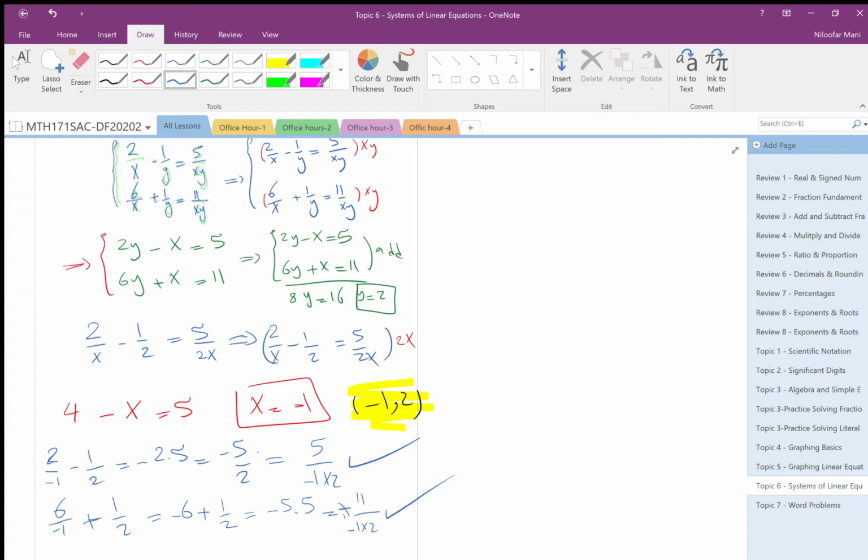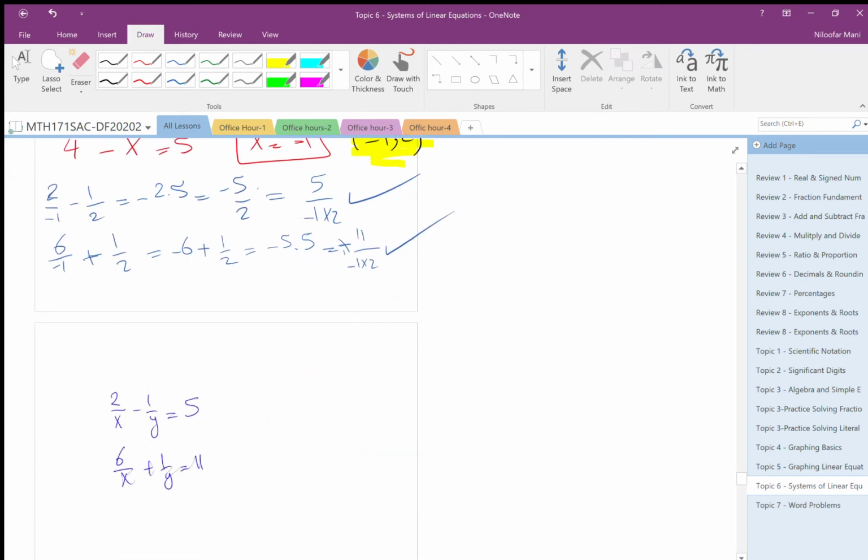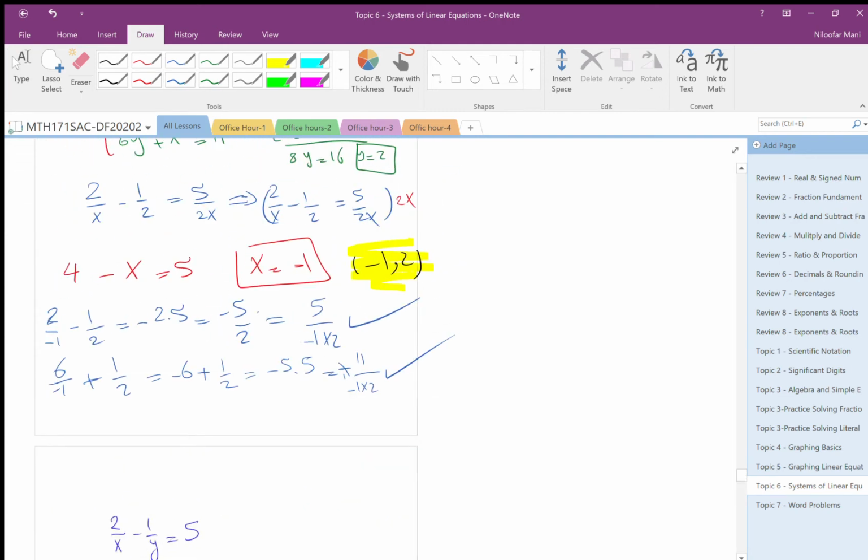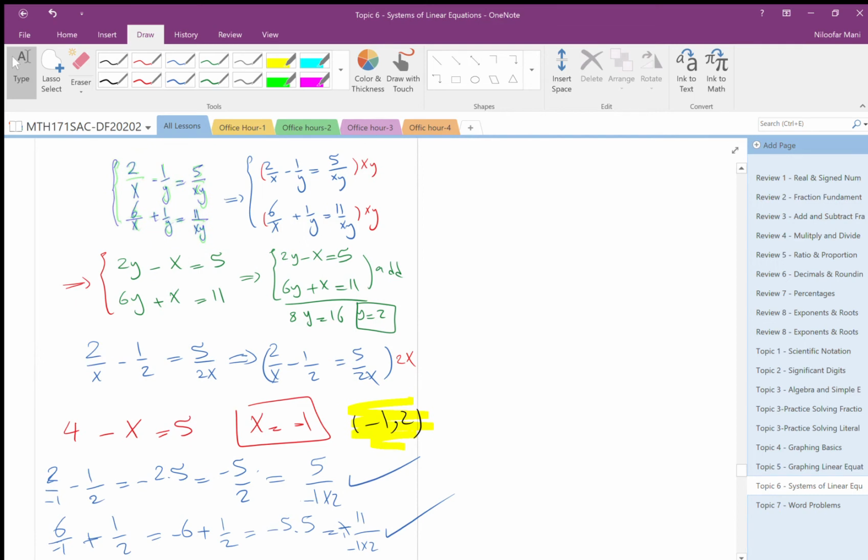So the left side equals the right side. Good, so I could solve it. I didn't have any issue when I multiplied both sides by xy. It didn't seem the same as before, but I could solve it.